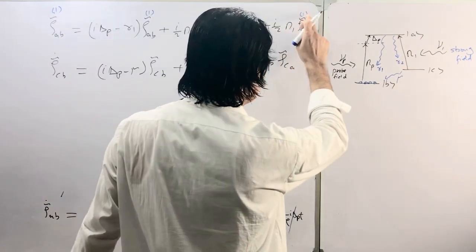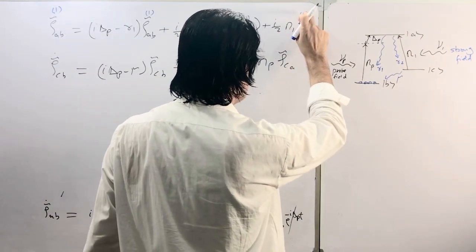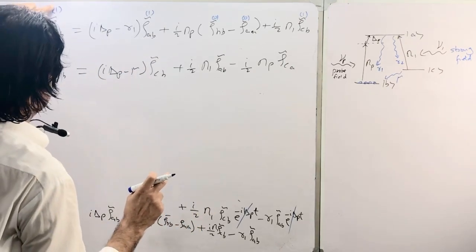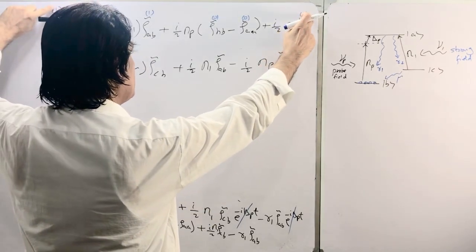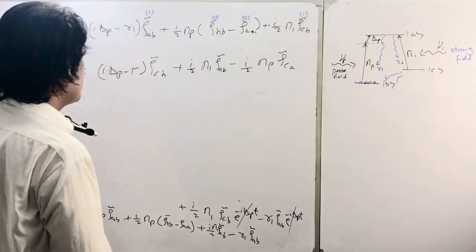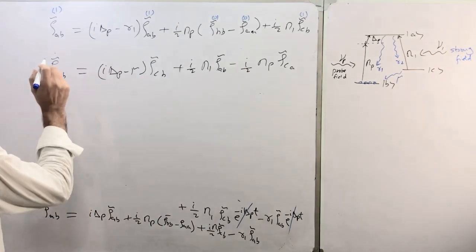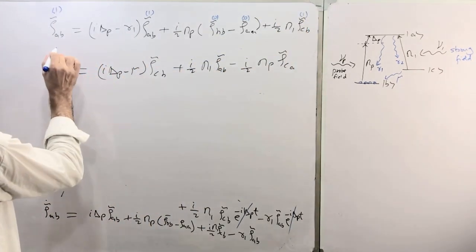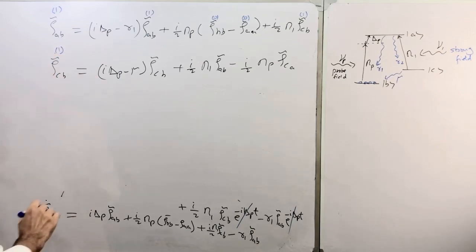But we cannot take this in 2, because this is a linear process. We have considered this in 1, so this must be 1. So maybe this will be in the second order. Similarly, this rho CB is in first order, so this will be in first order.